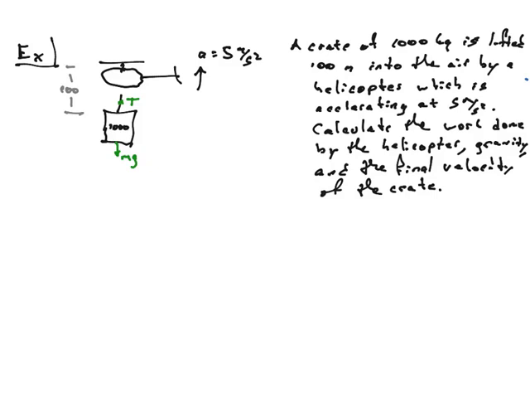So I could do F equals ma and say we're looking in the y direction because the crate's moving upwards. What are all the forces in the y direction? Minus mg down. Tension is plus tension up. Must be equal to the mass of the crate times its acceleration, which in this case is 5 upwards.